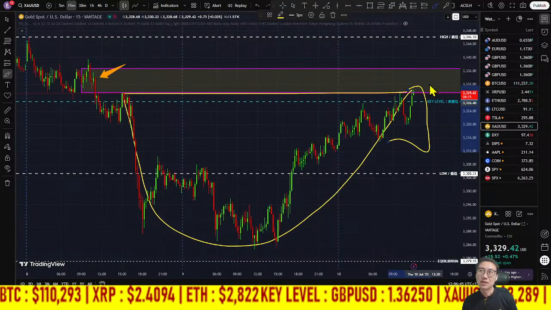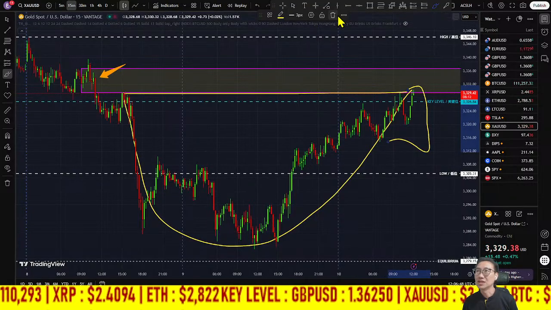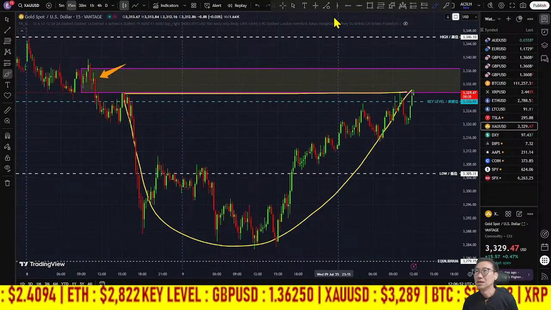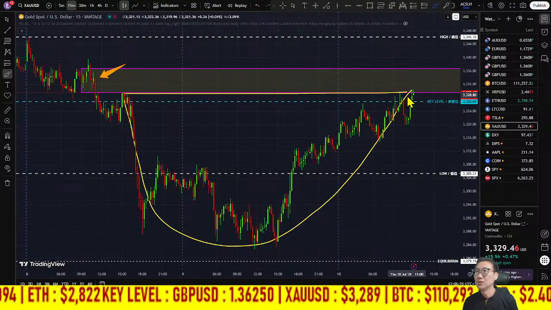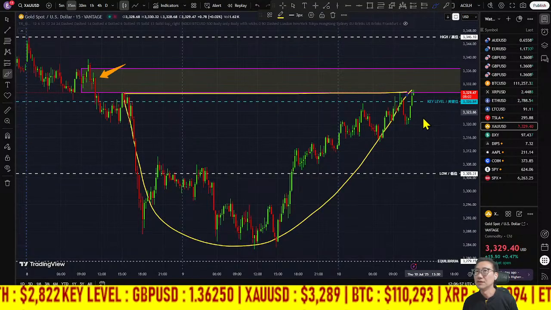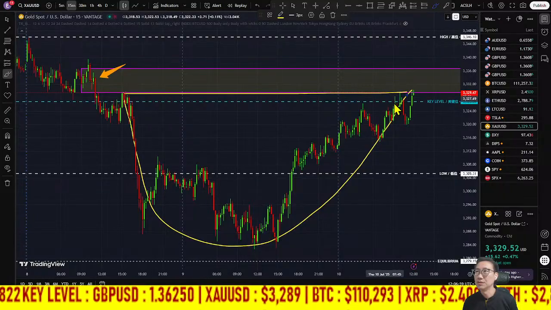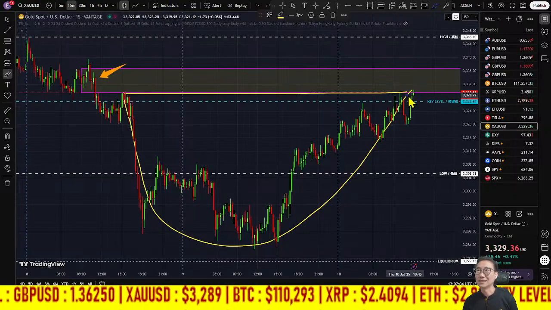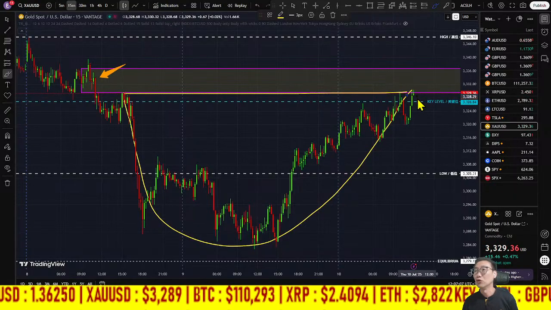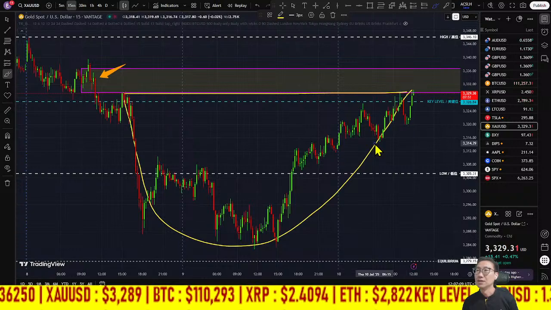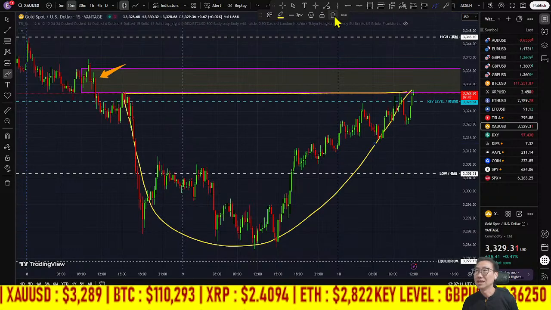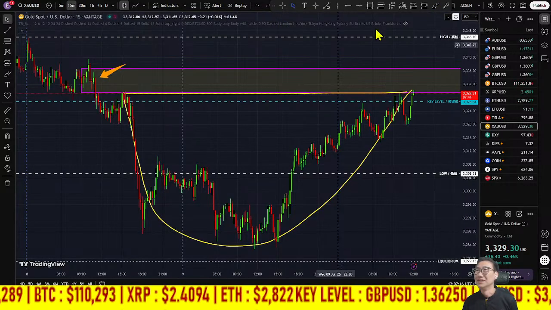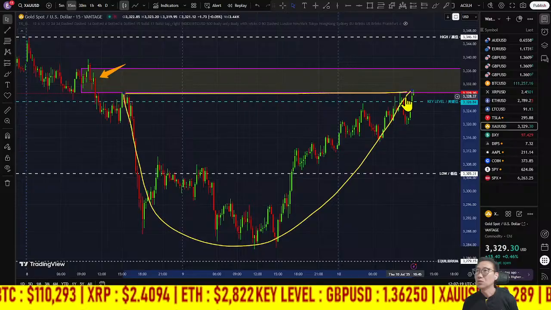So we may have a chance to see that, with this forming up to here, the key levels is here. There may be a chance that it will start the selling if it breaks below the key levels.